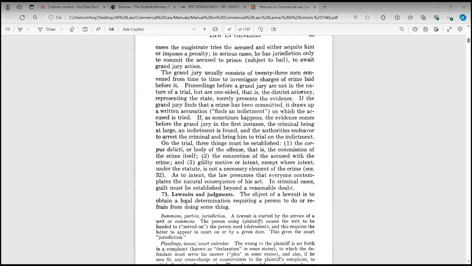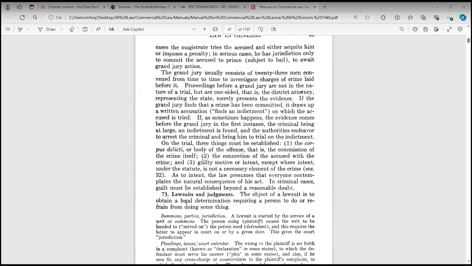If the grand jury finds that the crime has been committed, it draws up a written accusation, finds an indictment on which the accused is tried. If, as sometimes happens, the evidence comes before the grand jury in the first instance, the criminal being at large, an indictment is found, and the authorities endeavor to arrest the criminal and bring him to trial on the indictment.